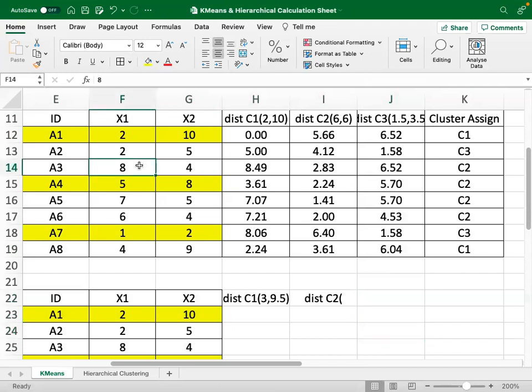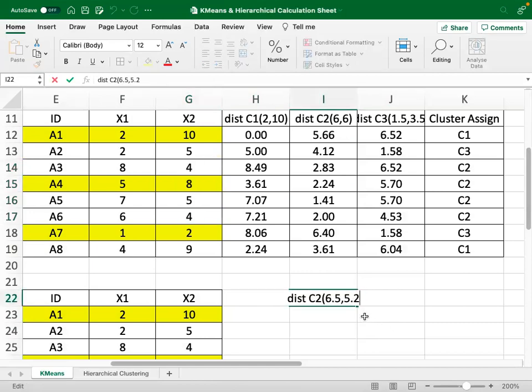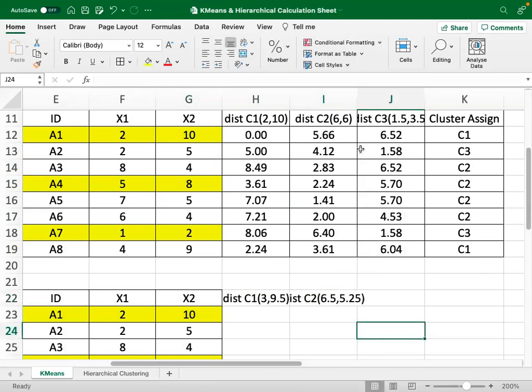C2 are these. Only 4 are there, right? Average is 6.5. Comma. Again, 1, 2, 3, 4. 5.25.